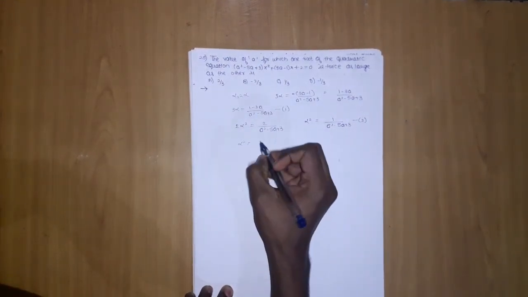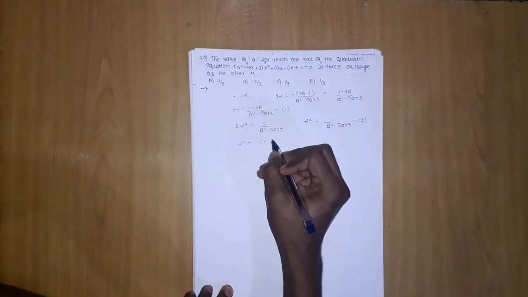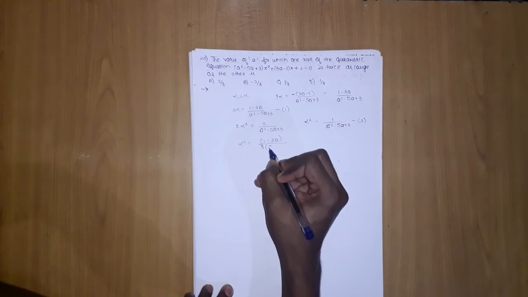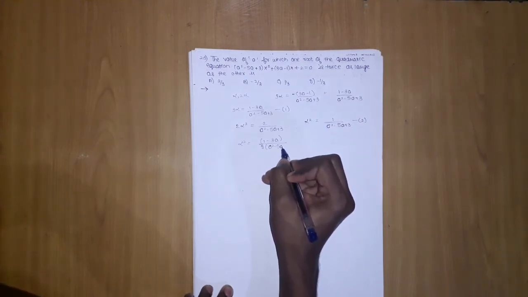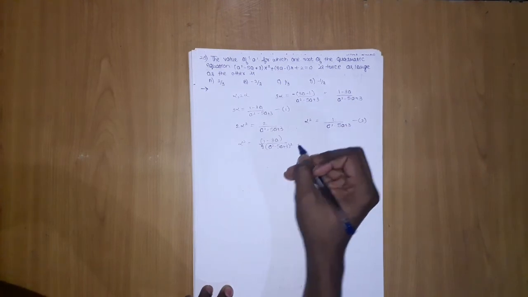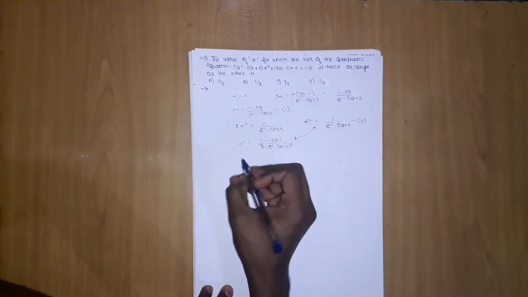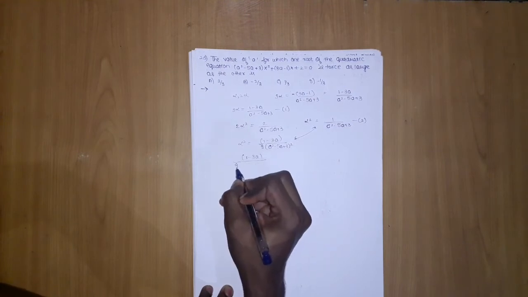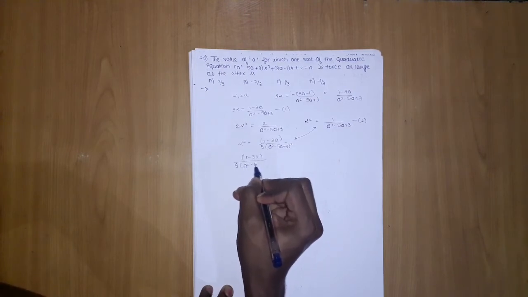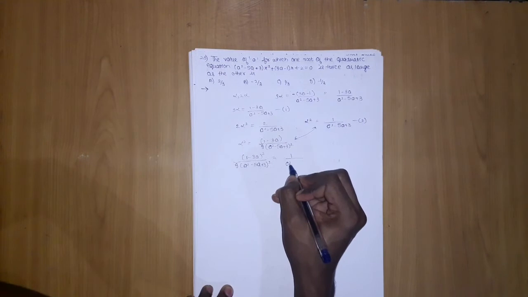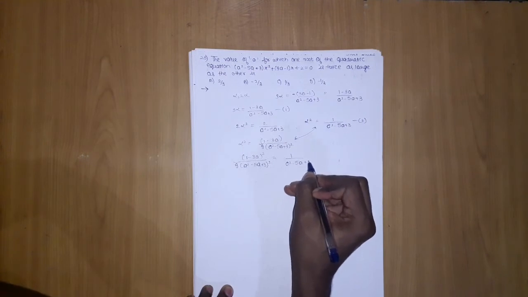So squaring it will make 1 minus 3a upon 9 into a square minus 5a plus 3 the whole square. Now let's equate these two. It will be 1 minus 3a upon 9 into a square minus 5a plus 3 equal to 1 upon a square minus 5a plus 3 the whole square.